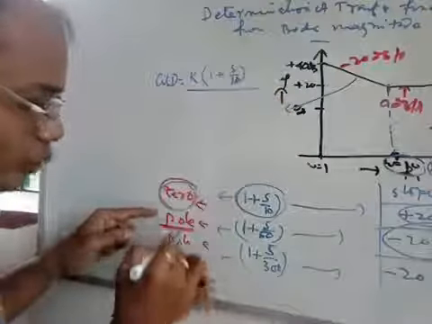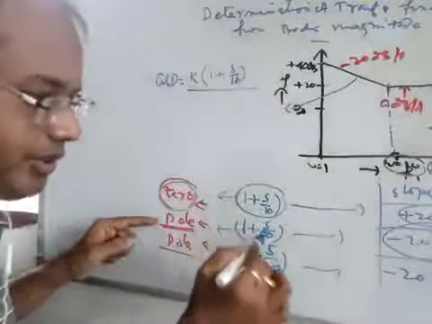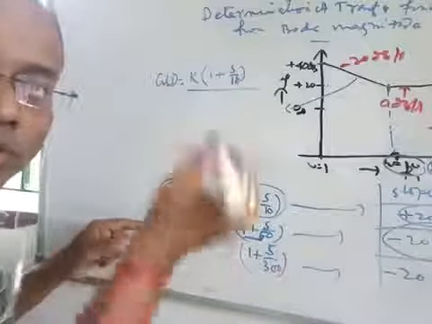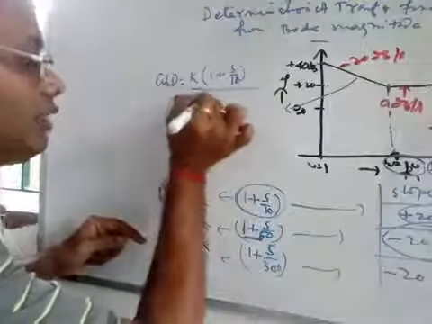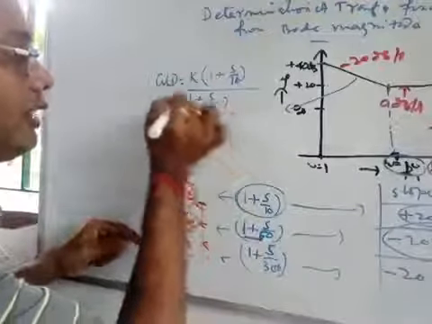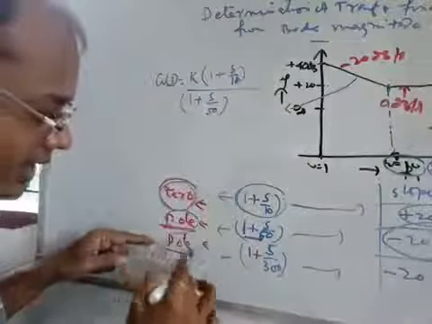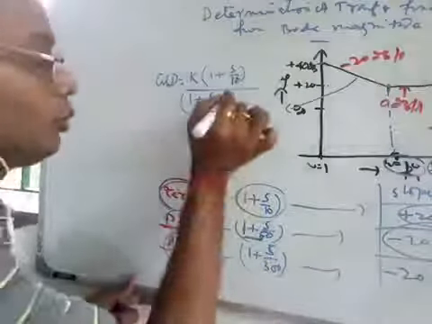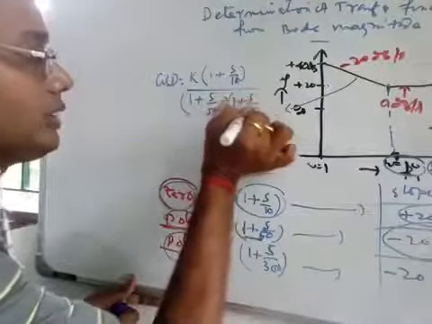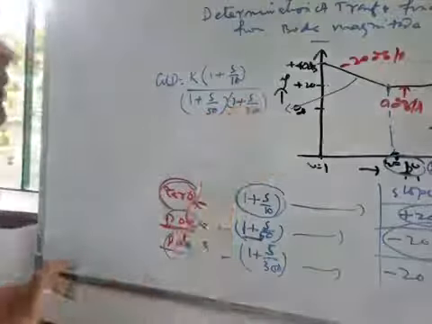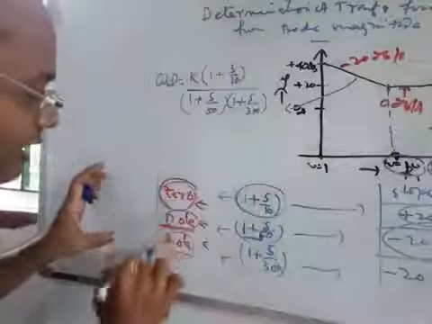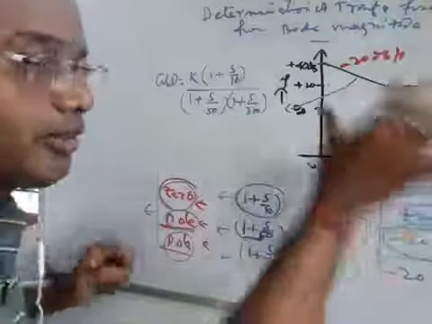And next, 1 plus s by 50, this is the factor which is for a pole. Pole means that factor will come into the denominator. Second, there is again one pole, and that factor is 1 plus s by 300. So these are the factors we are getting from all this corner frequency related.